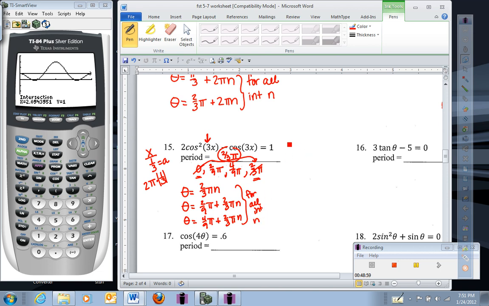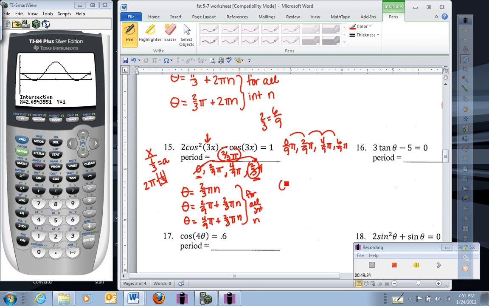If you go back and look at this though, this is 0/9 pi, 2/9 pi, 4/9 pi. 2/3, if I write 2/3 in terms of ninths, would be 6/9 pi. So they're all how many ninths apart? And that would be 2/9 apart.